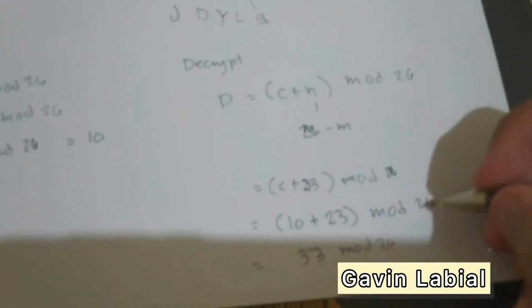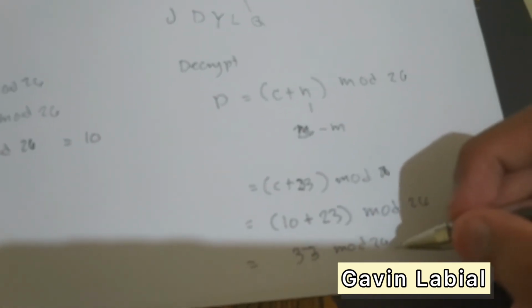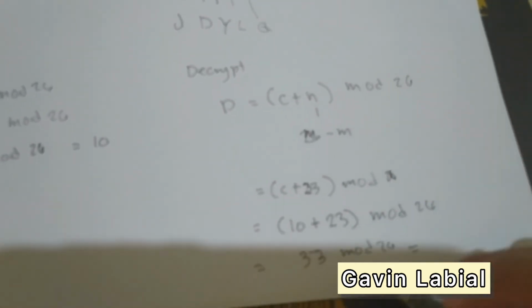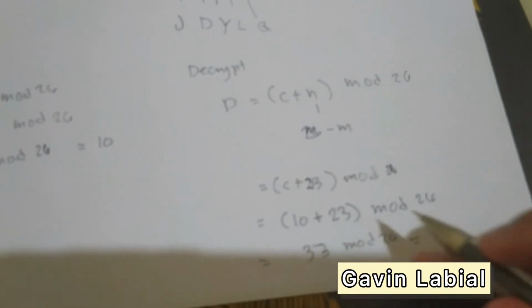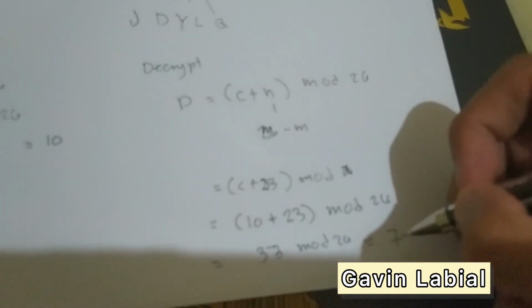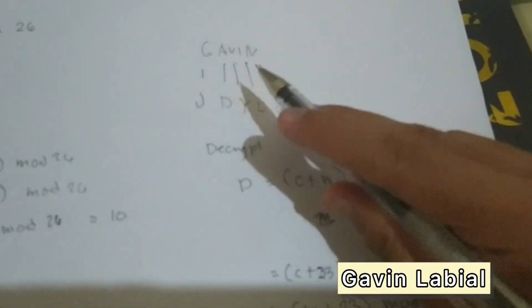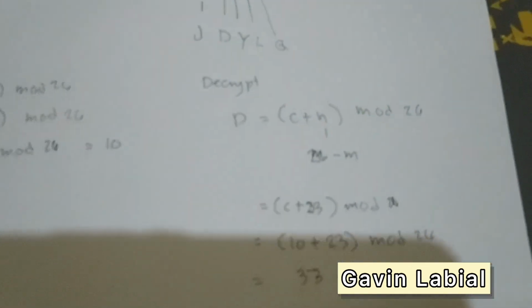Since 33 is greater than 26, we simply subtract to get the proper number. So 33 minus 26 is 7, which is the numerical value of G, and you would continue to do that in order to decrypt the message.